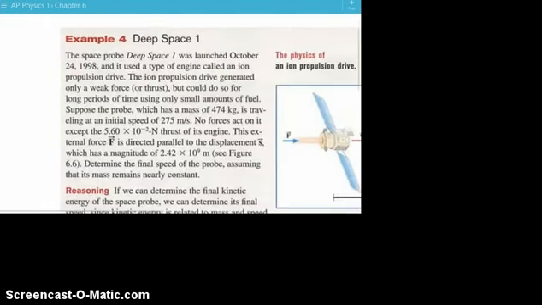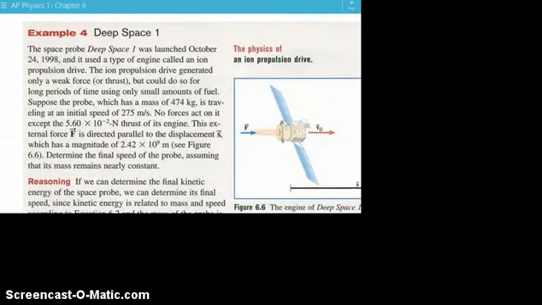We've got the space probe Deep Space 1, which was launched October 24th, 1998, and used a type of engine called an ion propulsion drive. The ion propulsion drive generated only a weak force, but could do so for long periods of time using only small amounts of fuel. So the idea is this thing's in space.